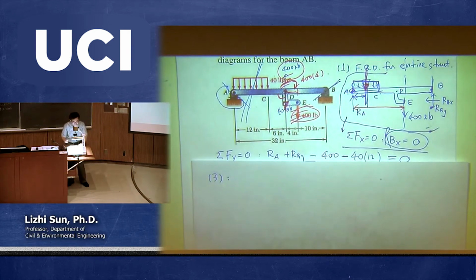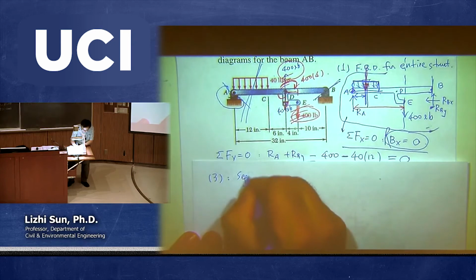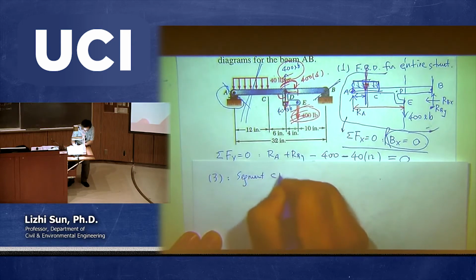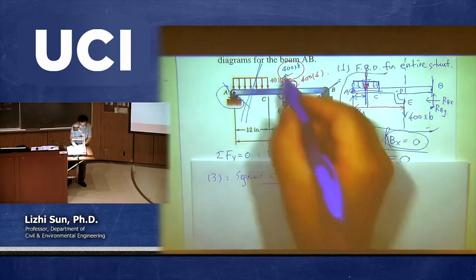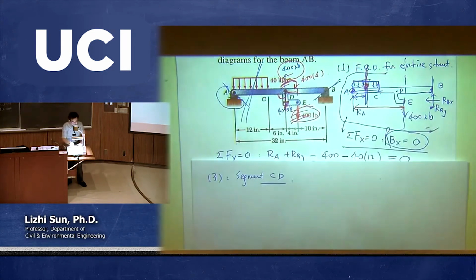Okay, so step number 3, we are talking about another segment, which is called the segment CD, because we need to virtually cut between C and D. So from the original picture, we cut it between C and D, then what? The whole structure splits into two parts. We just pick one part. Which part do we want to pick?